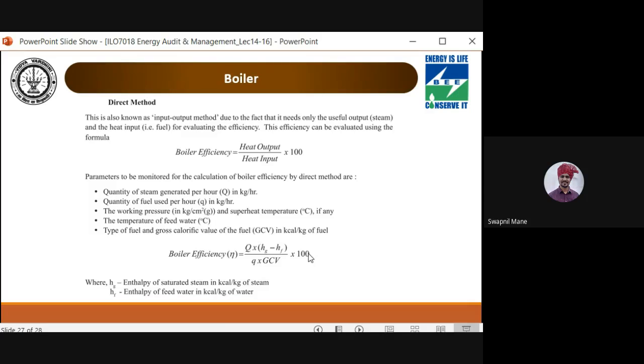Okay. By the way, why will the fan be required? What is the role of fan in a boiler? Can anybody tell me in the chat section? What is the role of fan in boiler? Anybody would like to answer? Anybody?